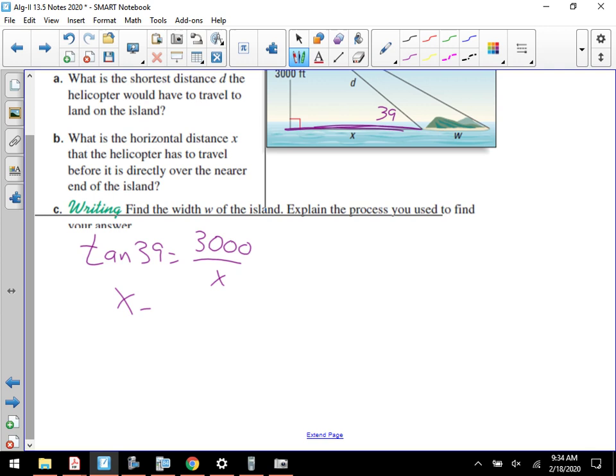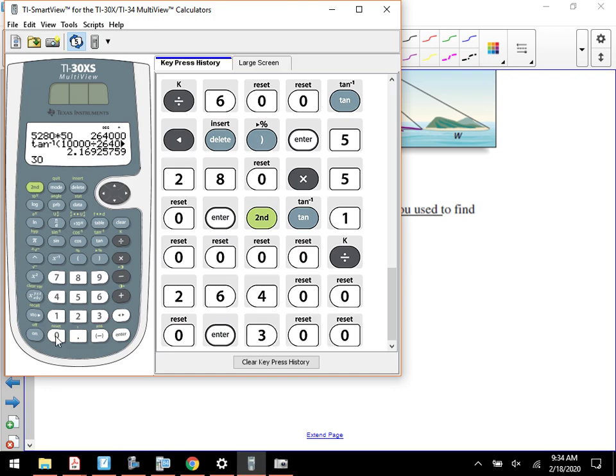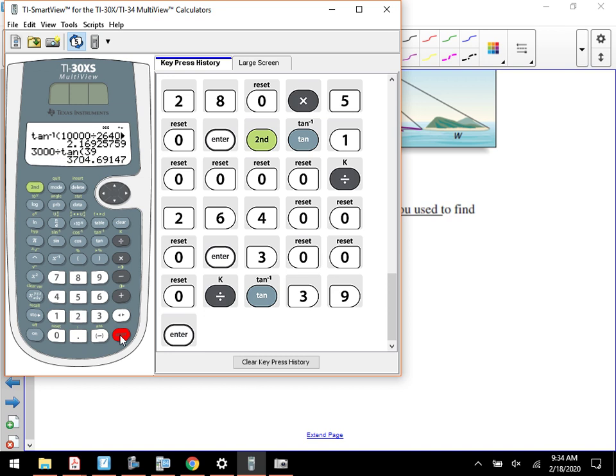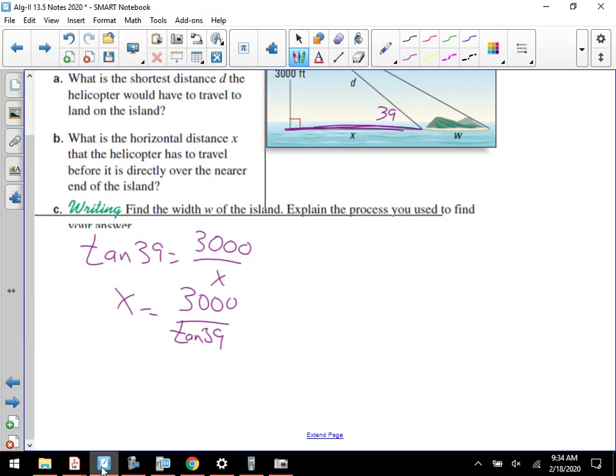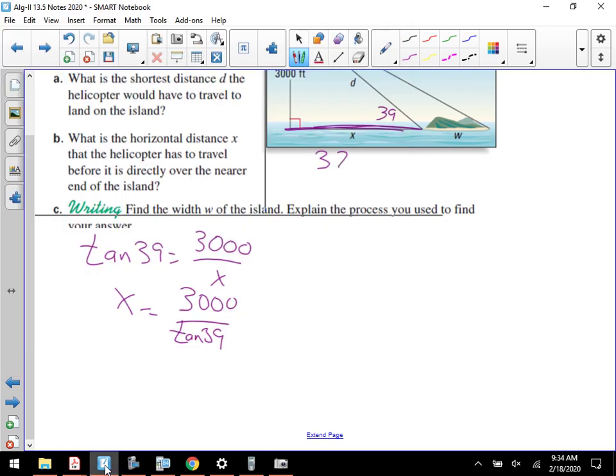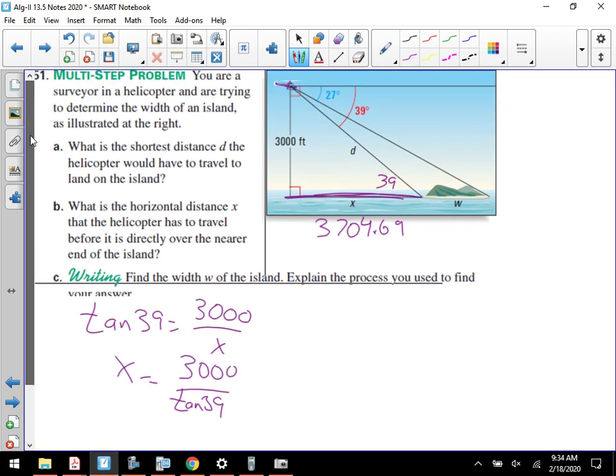So then you get x is 3,000 over the tangent of 39. So pressing buttons, 3,000 tangent 39, yes. I have 3,704.69. Okay. That gives me that front.